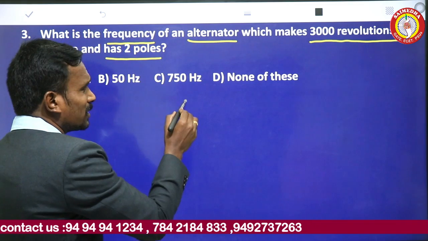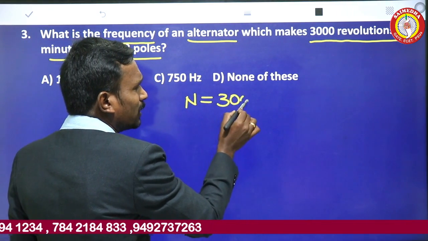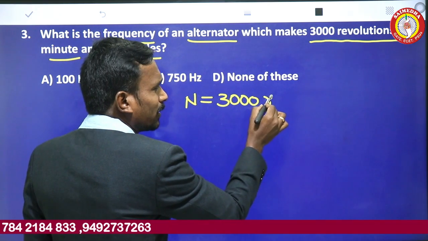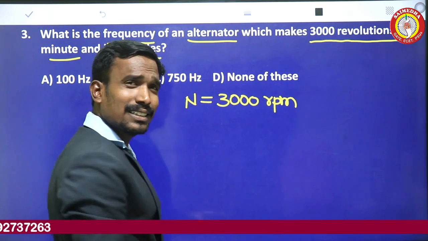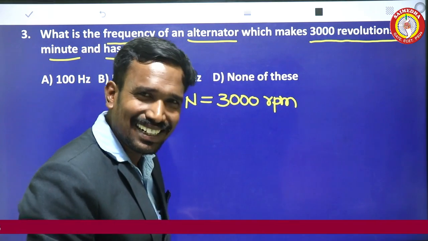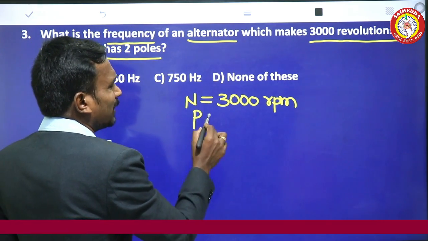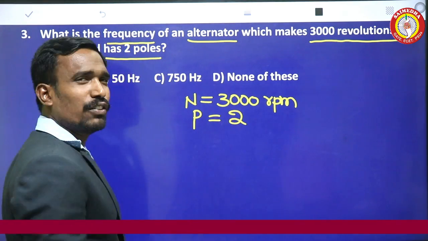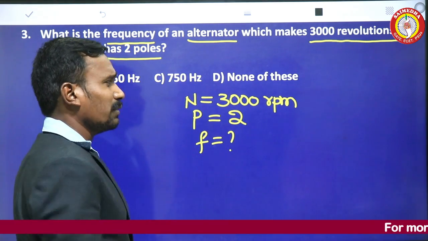What have they given, sir? They have given the speed, 3000 revolutions per minute, nothing but RPM. So N is equal to 3000 rpm and the number of poles is 2, but I want the frequency.